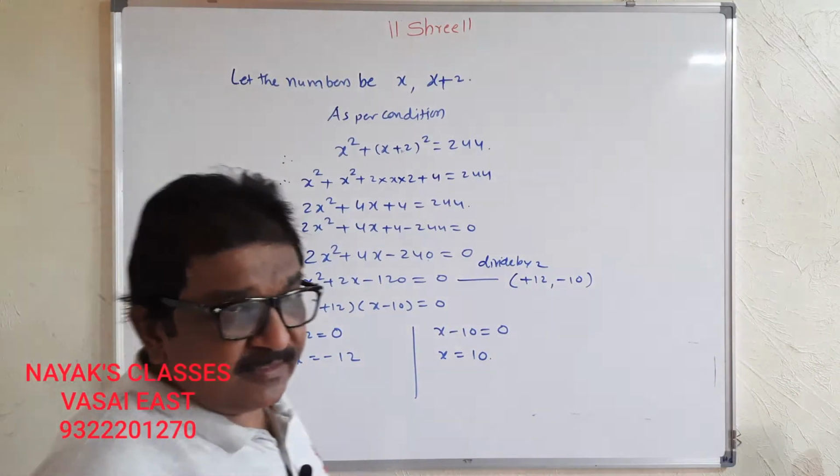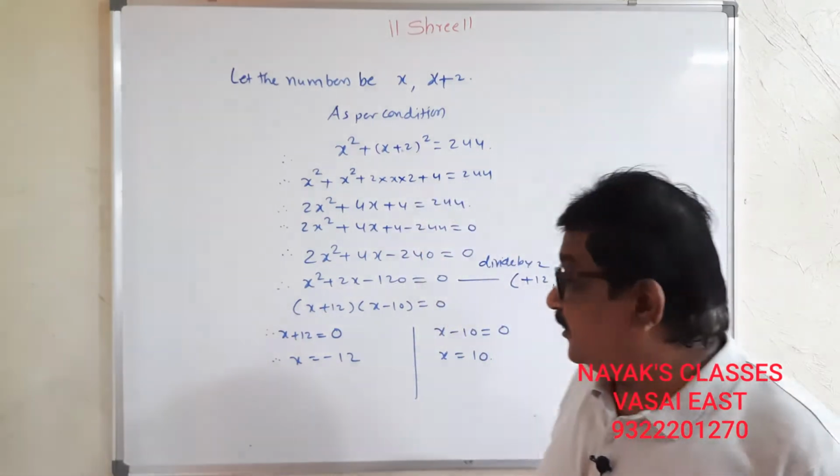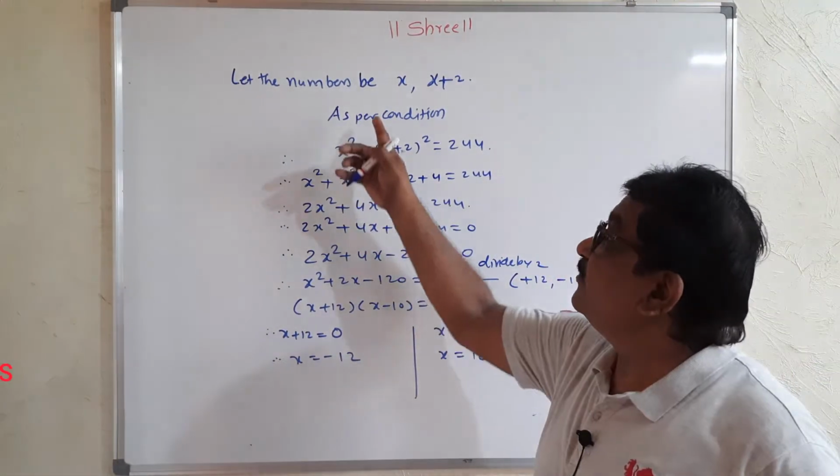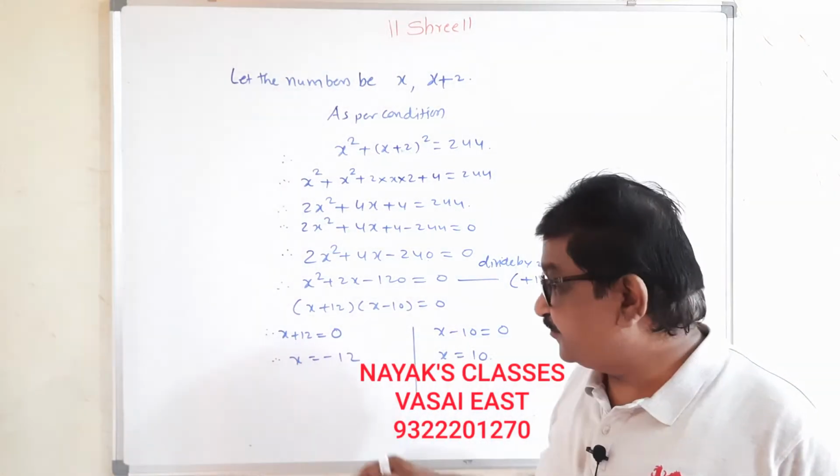The condition given in the example is natural even numbers. So we have to reject the value of minus 12.